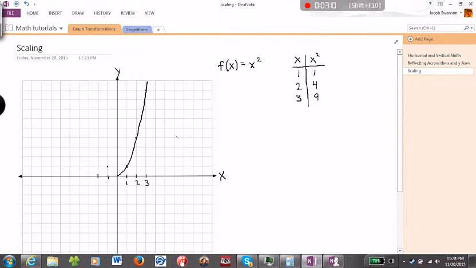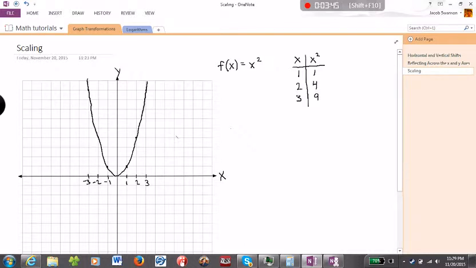When x is negative 2, y is still just going to be positive 4. And when x is negative 3, y is going to be 9, still positive, and then we connect the points in a curved fashion, and there we go. So there is the best parabola you ever saw. Okay, actually not, because it's really jaggedy. So that's x squared, the best I can do with the computer drawing tools available to me at this point in time.